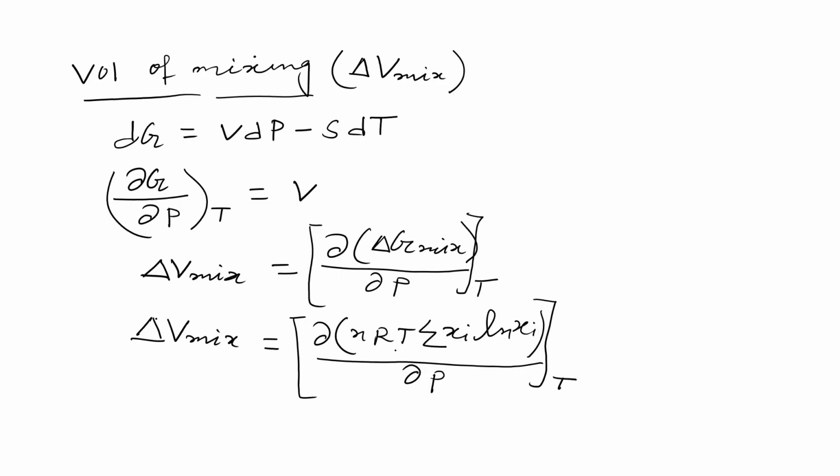Now look here. This n, R, T, xi are all independent of pressure, so this differentiation value will be 0.